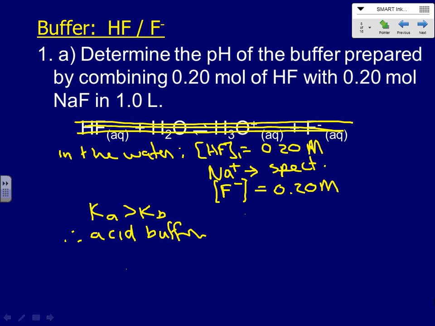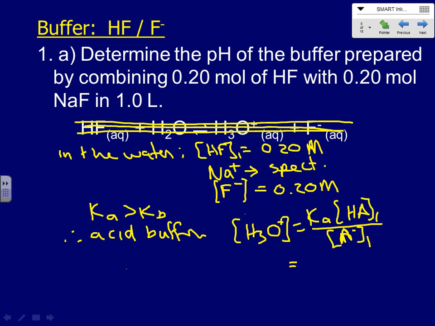So therefore, I'm going to be using [H3O+] = Ka times the concentration of the acid over the concentration of the conjugate base. And I don't remember the Ka from the last slide. Yep. 3.5 times 10 to the negative 4, and then I'm going to have 0.20 over 0.20.